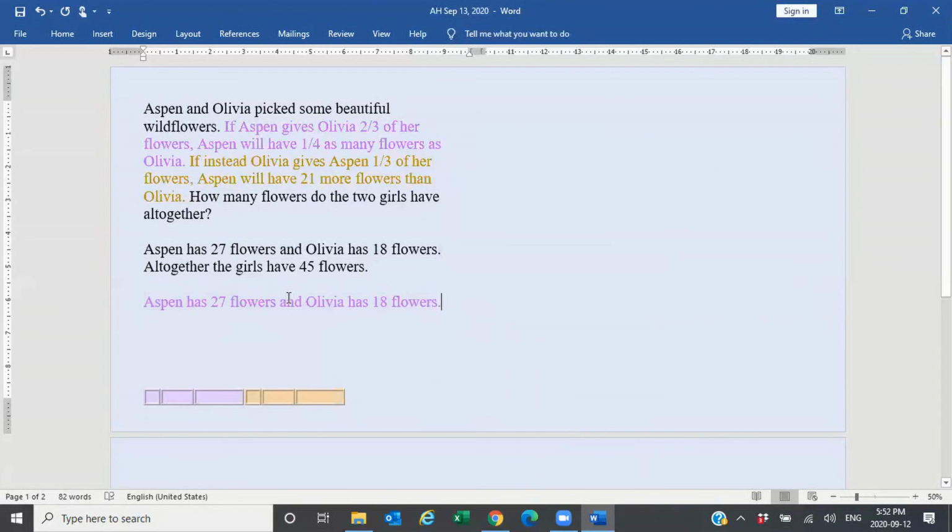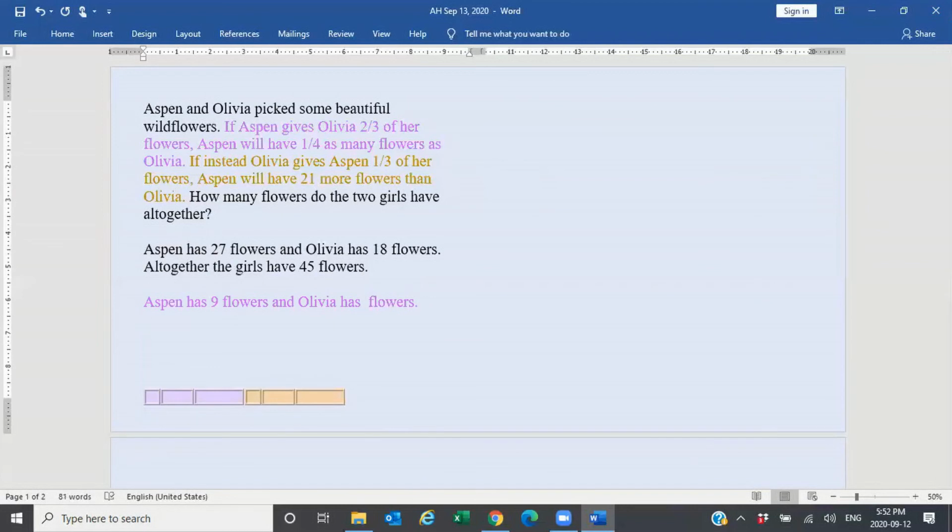Alright, so Aspen gives Olivia 2/3 of her flowers. 27 divided by 3 is 9, so each third represents 9. So 2/3 is 18. I'll take away 18 from 27, and that equals 9, and I'll give 18 to Olivia.